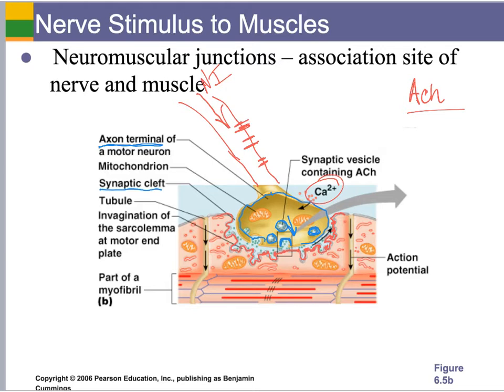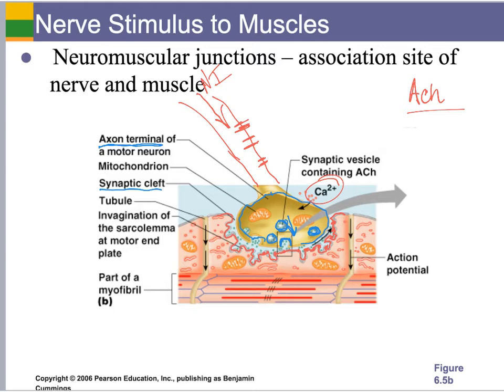So let's go through this again. The nerve impulse travels down the axon. That change in electrical environment opens calcium gates. Calcium rushes into the axon, and the calcium triggers the movement of these synaptic vesicles to fuse with the axonal terminal membrane.